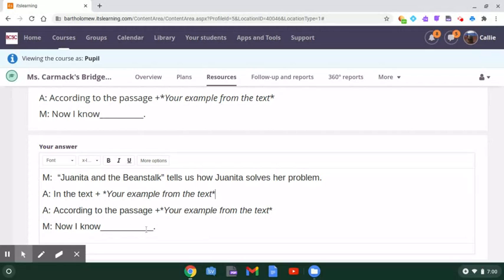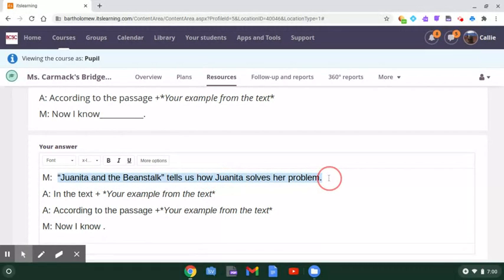Now, what about this conclusion? So we seem to have a little bit of trouble with this as well. So how do we write the last sentence of our yes, ma'am? Okay, so now I know blank. What do I put after that? Well, as I said before, it should be very similar to your first sentence. So the first sentence I have is Juanita and the Beanstalk tells us how Juanita solves her problem.